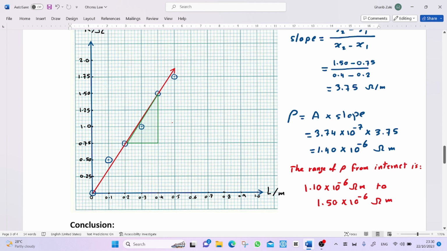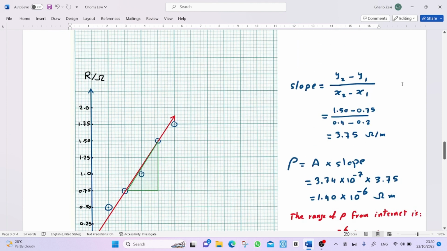That best fit line is a line in between most of the points. We find the slope by drawing the triangle. So we find that the slope equals 3.75 ohm per meter.